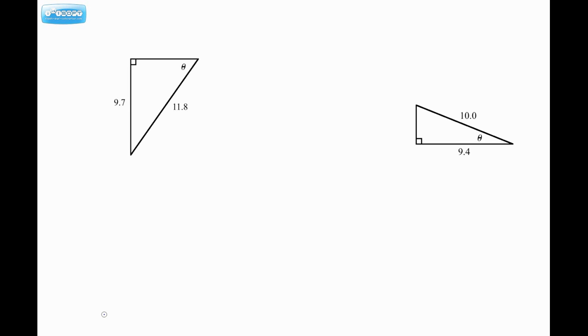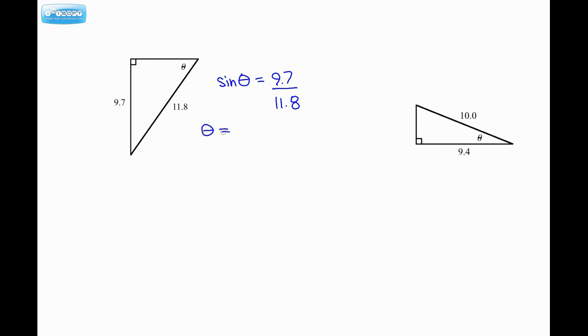Let's do a couple more. Here's my theta. That's what I'm trying to solve for. The opposite is given, and the hypotenuse is given. Opposite, hypotenuse, I use sine. So I'll set it up. The sine of theta is 9.7 divided by 11.8. Make sure you get the numbers in the right order.